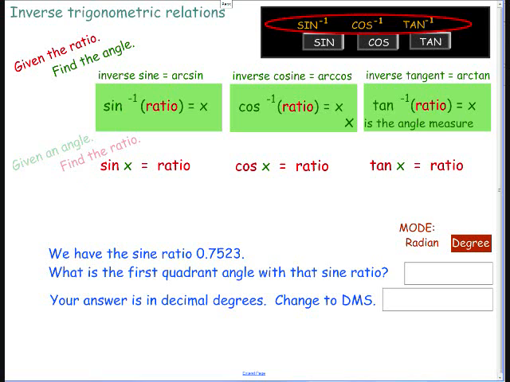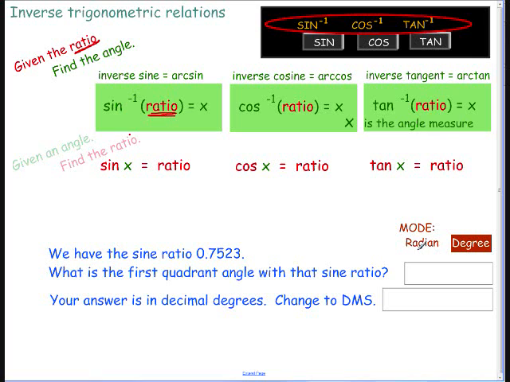We are given a ratio, and we have to find the angle. So the input that you put in to arcsine is always going to be the ratio. Now, your answer is going to come out in accordance with whatever mode you have chosen your calculator to be in.